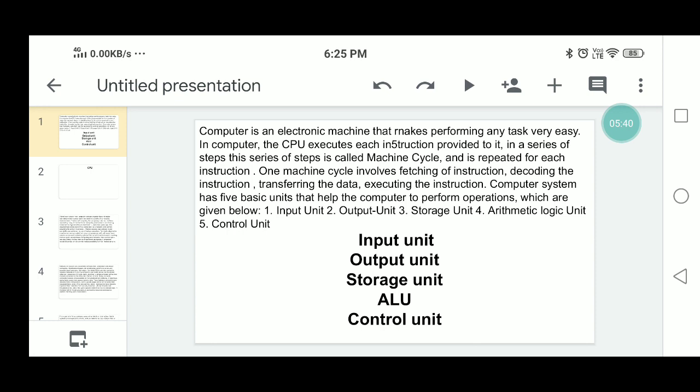The next, secondary storage. The data and instructions in the primary storage, the RAM, are temporary in nature. They are erased automatically as soon as the power is switched off. In the secondary storage of the computer system, data will be stored permanently. So primary storage is temporary storage and secondary storage is permanent storage.